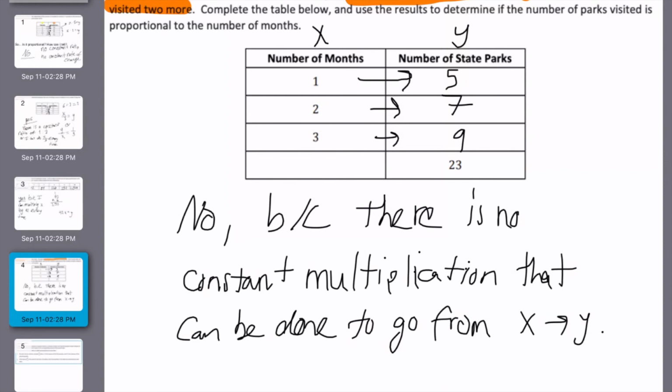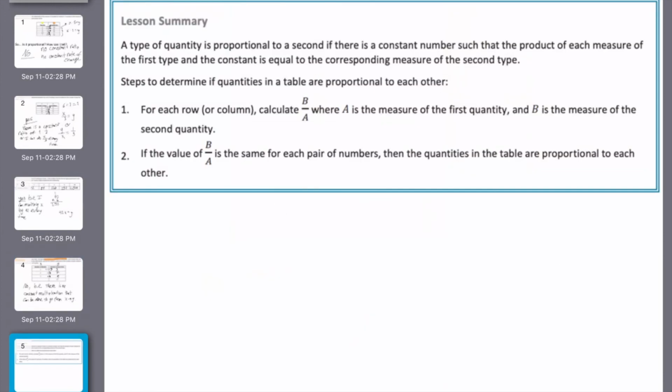All right, so let's wrap this all up, shall we? So our lesson summary. A type of quantity is proportional to a second if there is a constant number such that the product of each measure of the first type and the constant is equal to the corresponding measure of the second type. So let's use our x's and y's here, our a's and b's, okay?